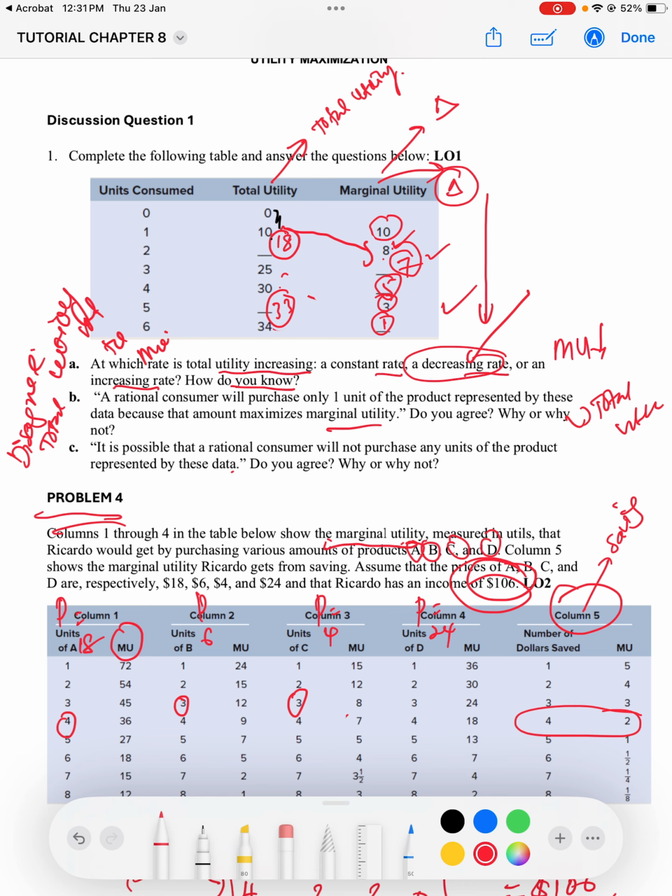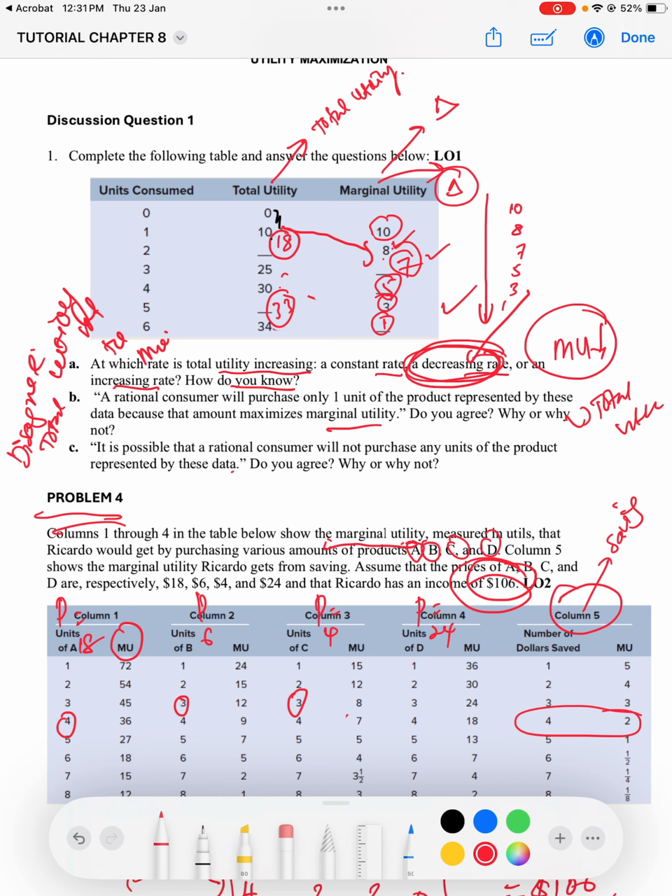Because marginal utility is declining, we can call it a decreasing rate. Why decreasing rate? Because the marginal utility is 10, 8, 7, 5, 3, 1.